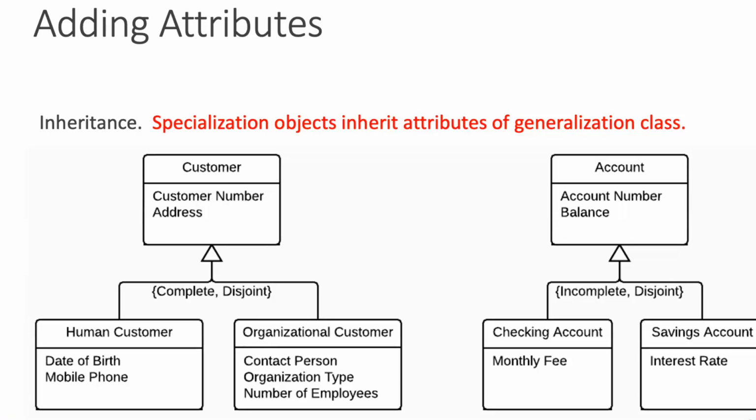And there is a relationship between the customer and the account as well. Customer can have accounts. Am I right? A customer can have 0 to many accounts. So with this 0 to many relationship, all these specialization groups have the same relationship with the other group as well. So just the inheritance rule that we already knew.